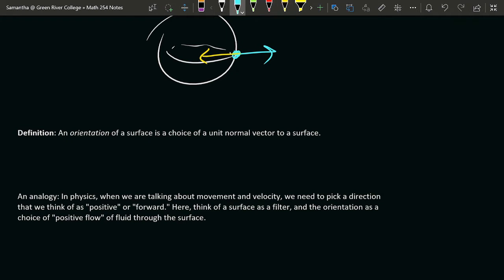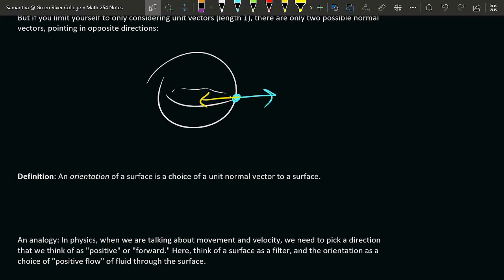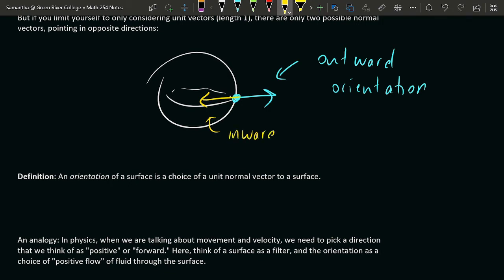For example, I could give the sphere the outward orientation, and that would correspond to choosing this blue normal vector. Or I could choose an inward orientation. I could choose this yellow normal vector. An orientation is a choice of normal vector, inward or outward, upward or downward, etc.